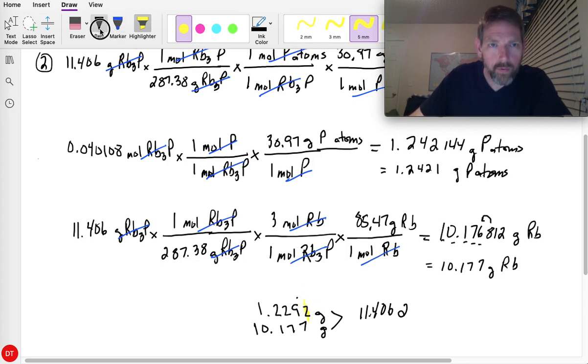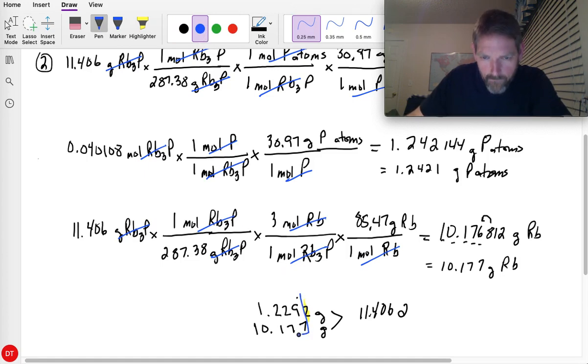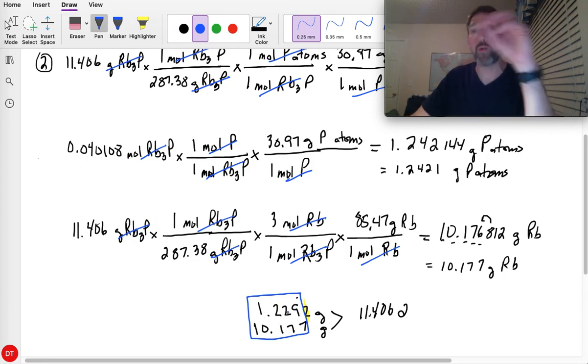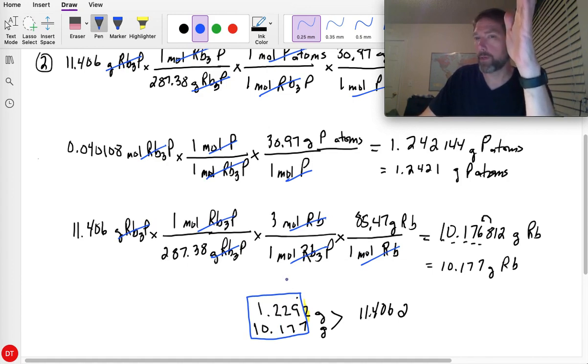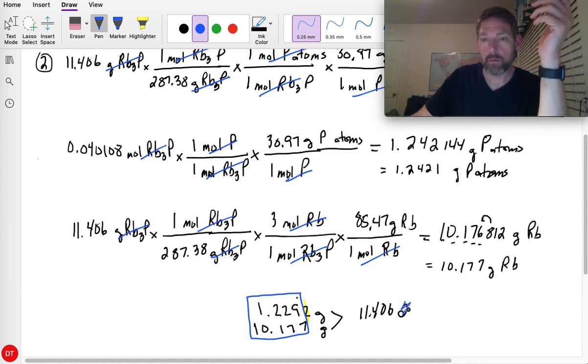If you think about this, all we did was line up the same number of units. When you add numbers, you're looking to get the correct number of decimal places, right? Well, we can get rid of that since we got rid of it over there. 11.406, that's our math.